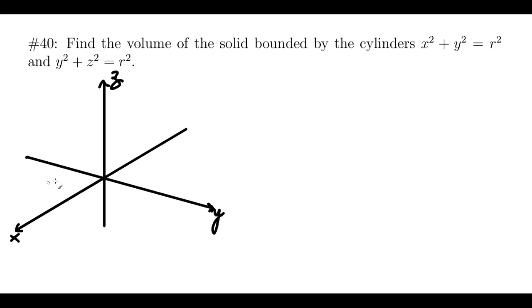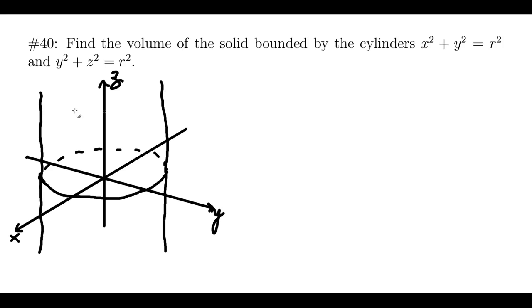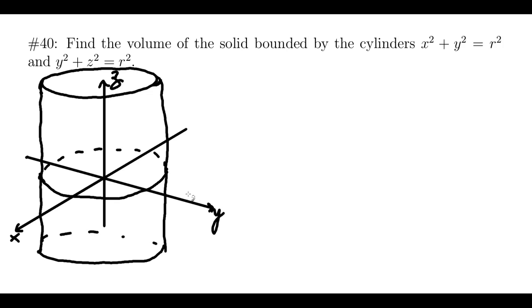So we have some circle in the xy plane, and since z is unbounded, that gives us a cylinder, a vertical cylinder. Terrible sketches. Okay.